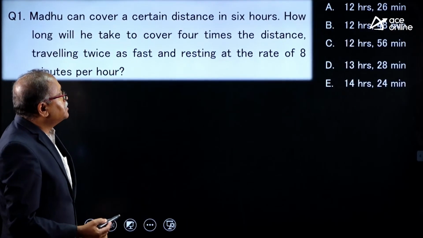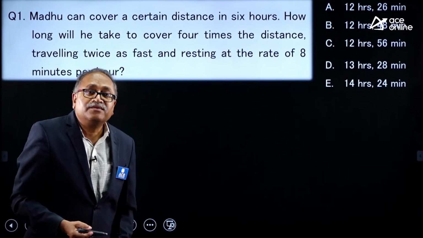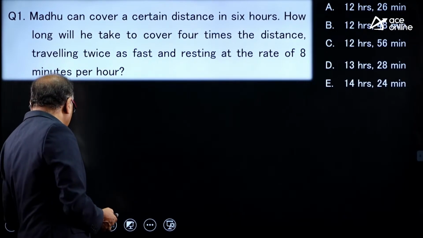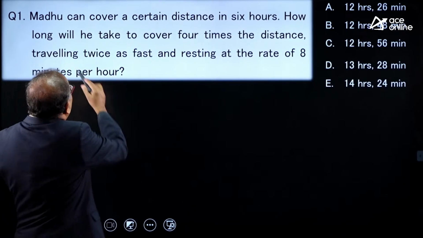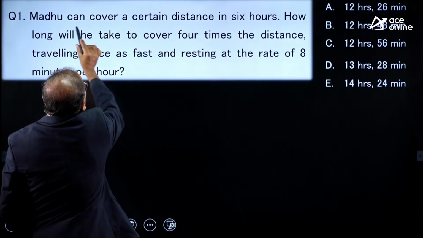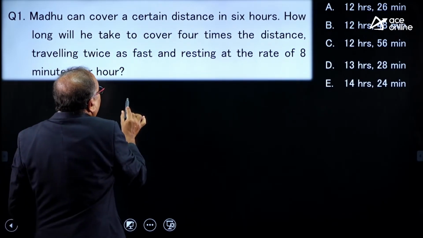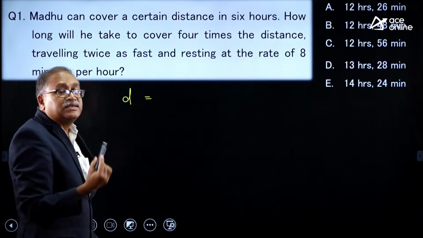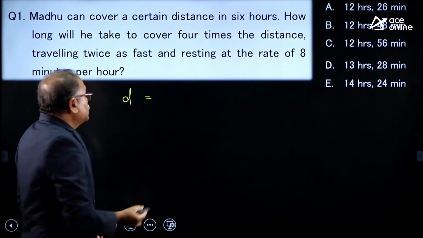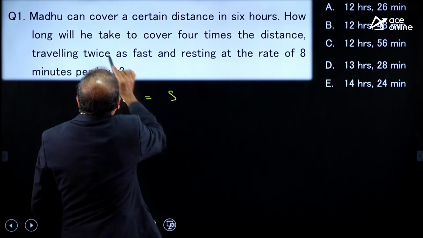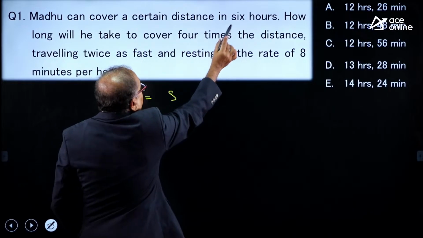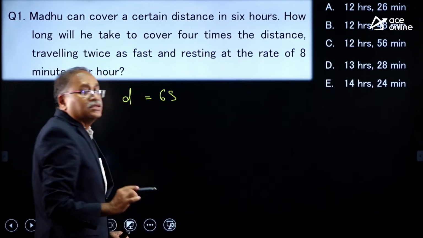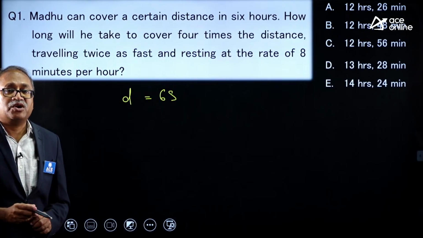Let us take this question, and I give you 30 seconds to answer it. Let me write down the guidance here: the distance is equal to speed into time, and I am considering the speed as s, and it is given as 6 hours. So, 6s. d can be written in the form of 6s.